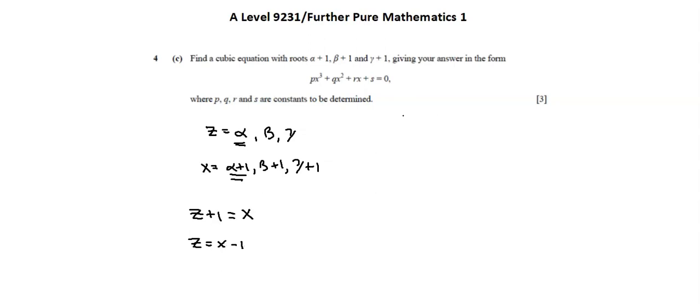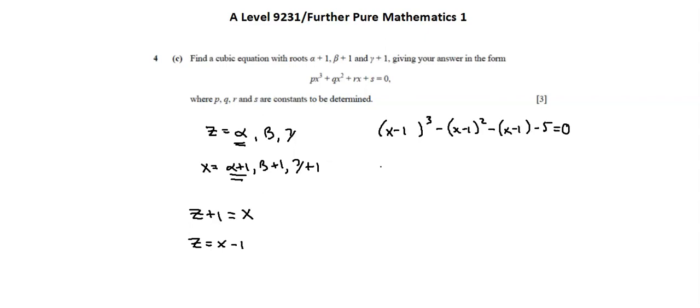Now let's go to the original cubic. We'll replace z with x minus 1, which will give us x minus 1 cubed minus x minus 1 squared minus x minus 1 minus 5 equals 0.